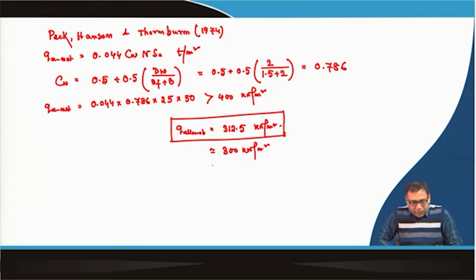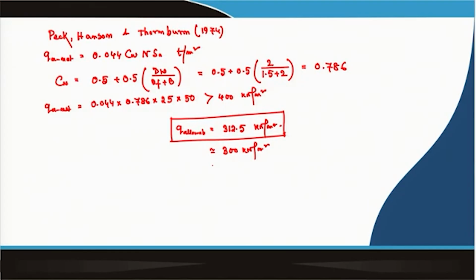Okay. And if you know the amount of load coming on the foundation, then you can check whether that load from the superstructure can be taken by this foundation or not. But here this load is not given. So, you can only propose the allowable bearing capacity of that foundation with this 2 by 2 cross section, and this is the value.